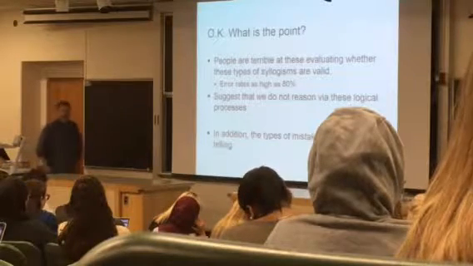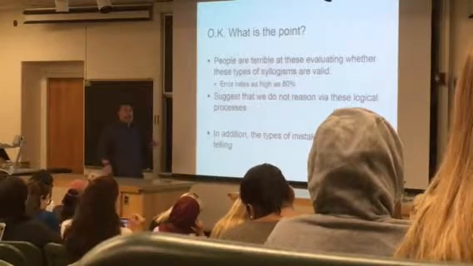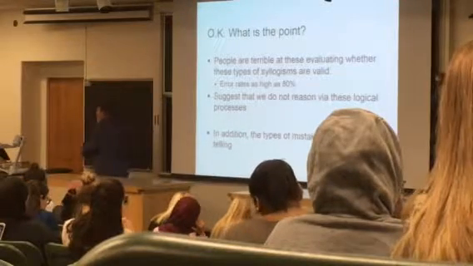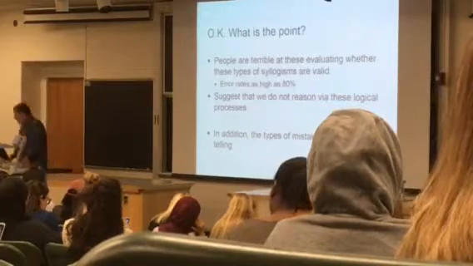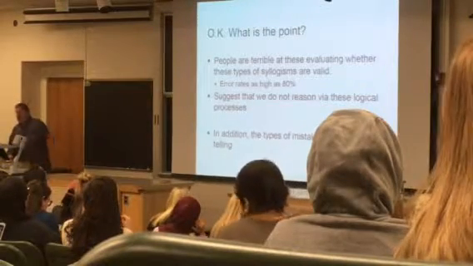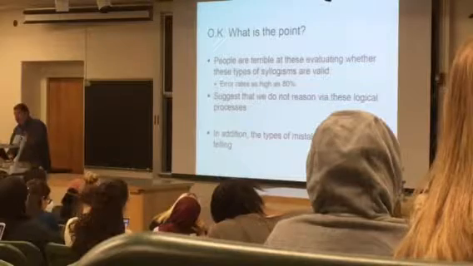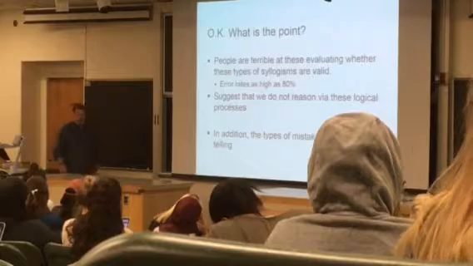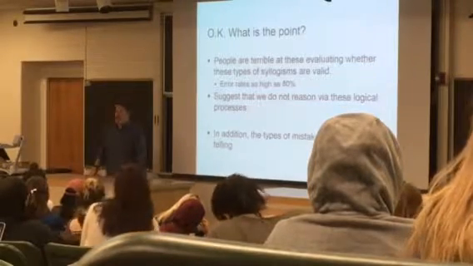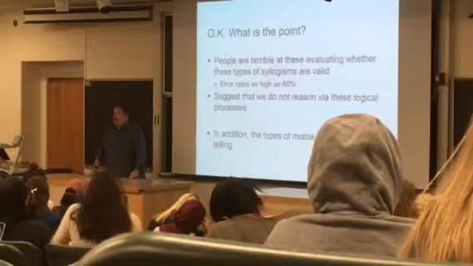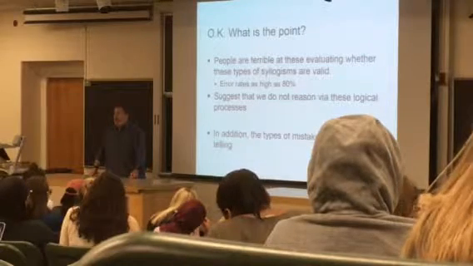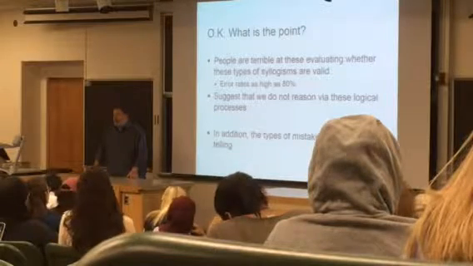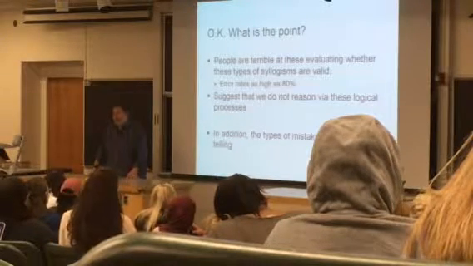In addition, the types of errors people make are really telling about what's actually happening. And this kind of came out in just the examples I used, right? In the first case, where the conclusion was like, therefore all students are married, people were like, no, that's invalid. The second one, where you're like, some tired people are irritable, you're like, well, yeah, that's valid.